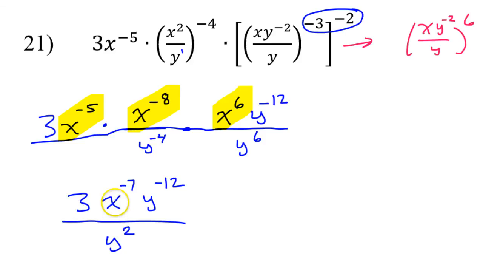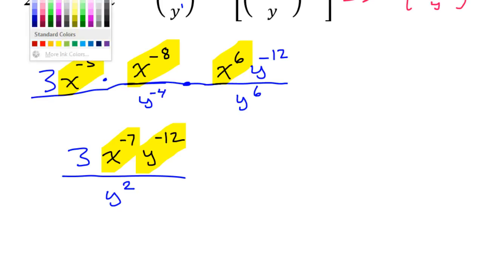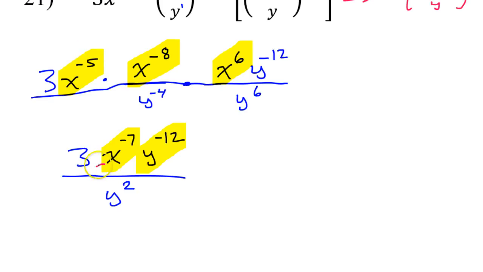Okay, now it's time to deal with the negative exponents. Anything with a negative exponent needs to move to the other side of the fraction bar. So these two things have negative exponents. So that means this is going to drop down. So I'll have x to the 7th power down here, and this is going to drop down.